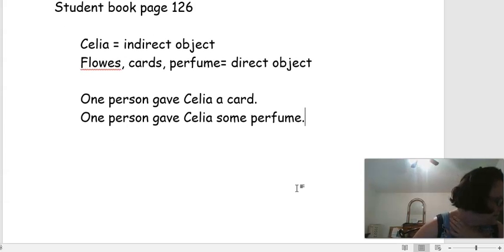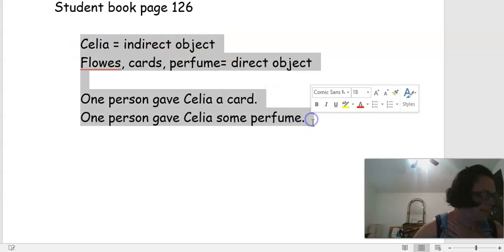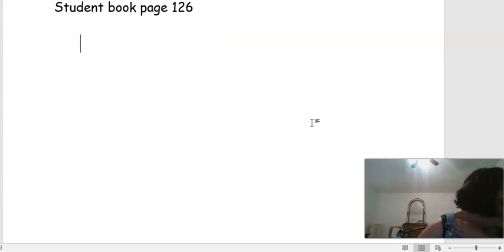So let's go ahead and look at the practice part on page 126, the part 2. And we're looking at Joe's to-do list and what did he do yesterday, and we're going to write some sentences.